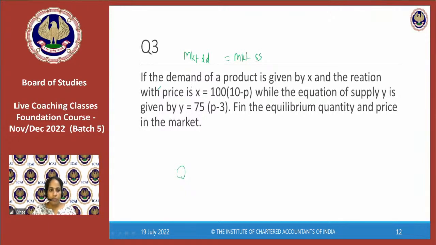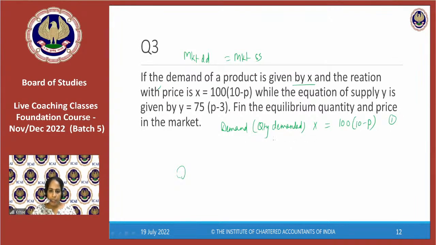So this question says, if the demand of a product, meaning quantity demanded, X is given as 100 into (10 minus P). See, this reflects your law of demand also. Quantity demanded is negatively related to the price.